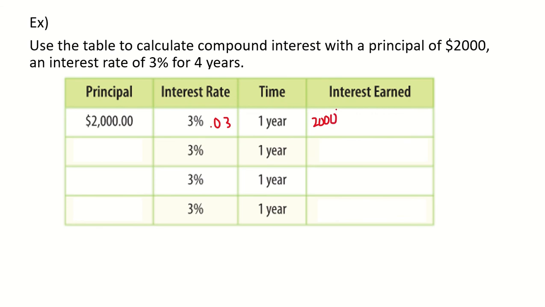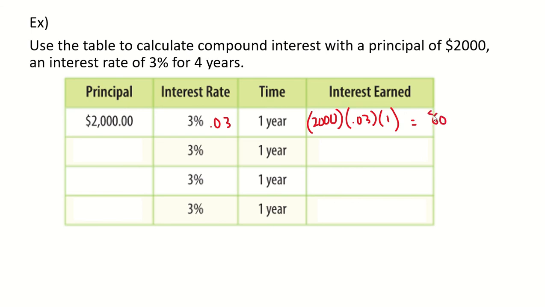Like the old formula we did, 2,000 times 0.03 times 1. Multiply straight across, and you're going to get $60 interest earned.